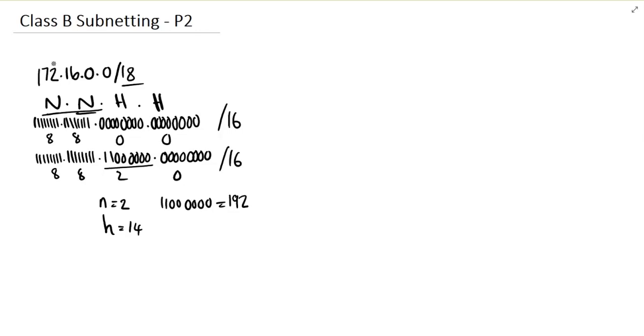If we know that, we can calculate how many subnets and how many hosts per subnet. The subnets is 2 to the power of n, which is 2 to the power of 2, and you have a total of 4 subnets. For each of these 4 networks, each one will have 2 to the power of h minus 2, which is 2 to the power of 14 minus 2, and that will be 16,000 something.